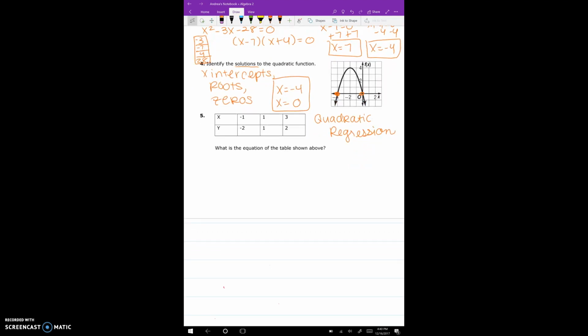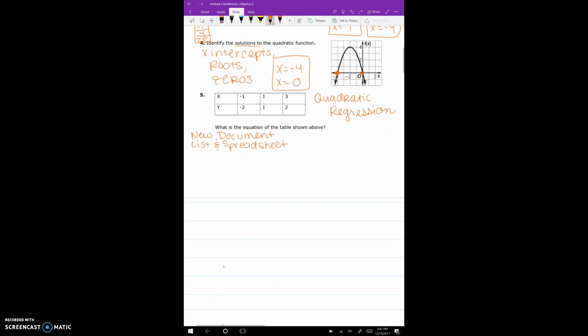To do a quadratic regression, I'm going to add a new document. Then I will do a lists and spreadsheet. Of course, I have to type in X and Y at the top. I have to label that at the top.